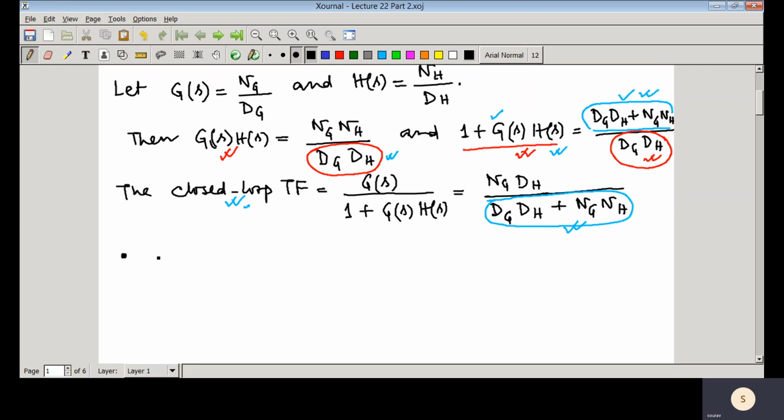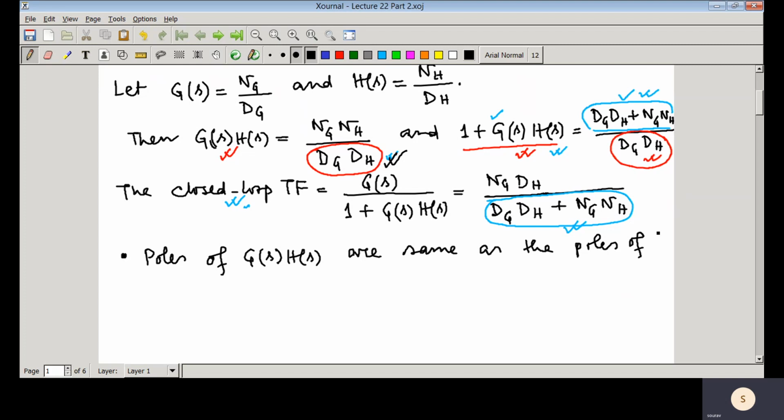The first point is that the poles of G(s)H(s), meaning the roots of DG DH, are the same as the poles of 1 plus G(s)H(s).